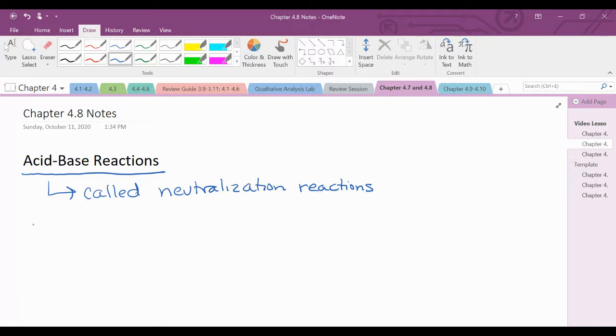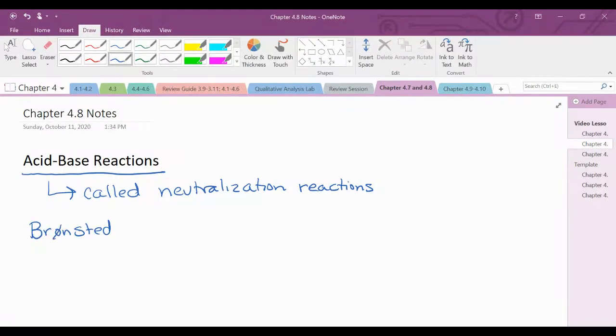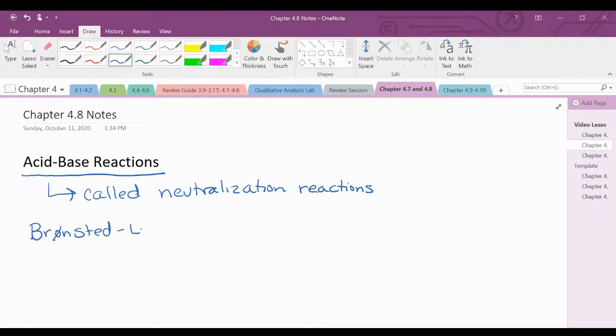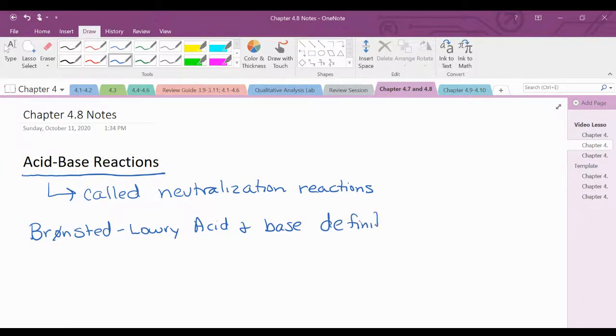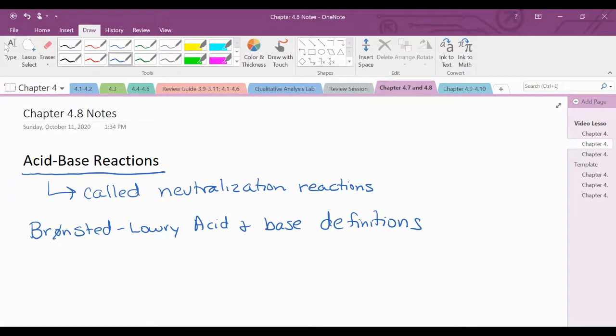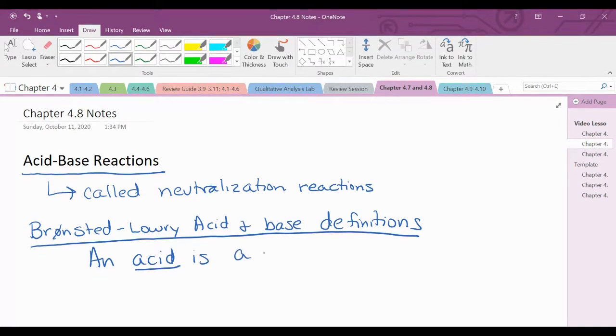We want to go over a definition of an acid and base, and we want to go over the Bronsted-Lowry definition. So according to the Bronsted-Lowry definition, an acid is a proton donor.